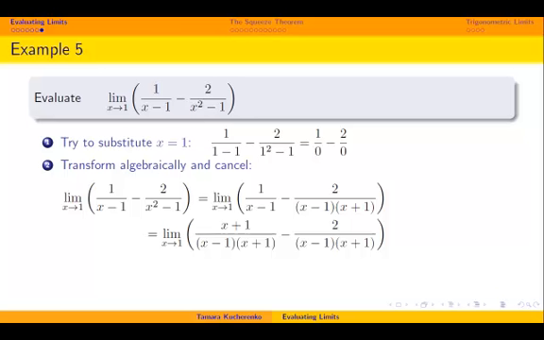We combine the numerator, x + 1 - 2, and get (x - 1) divided by (x - 1) times (x + 1). We cancel the common factor x - 1 and get 1 over x + 1.